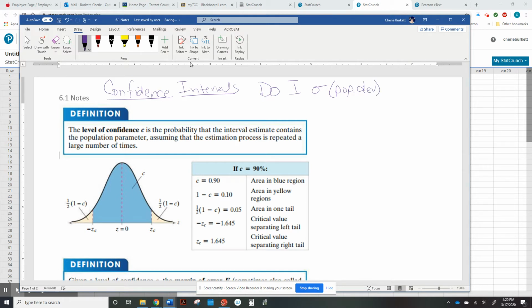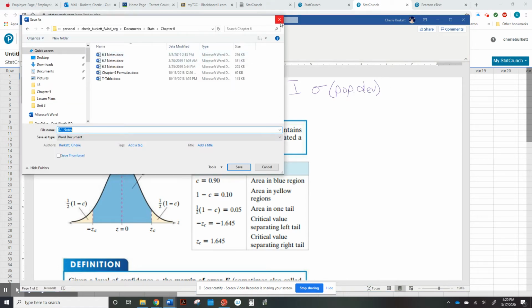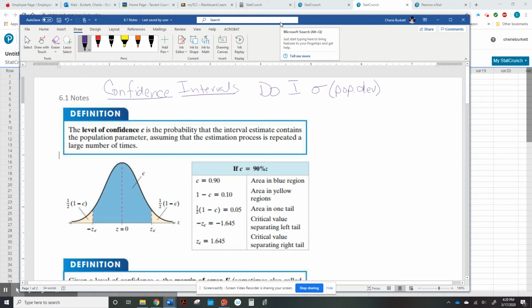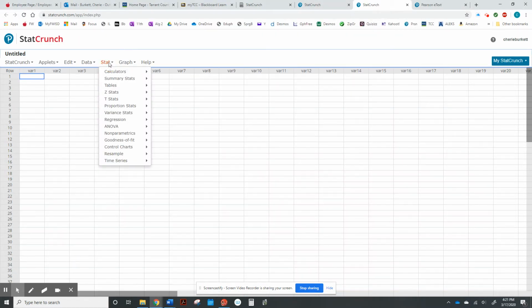The reason that you need to know that is because if the answer is yes, then you're going to be using a z-test or a z-interval.